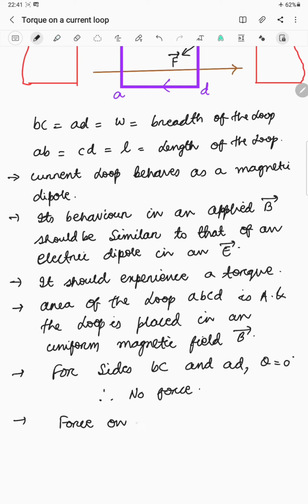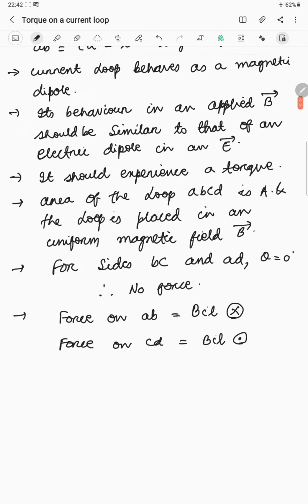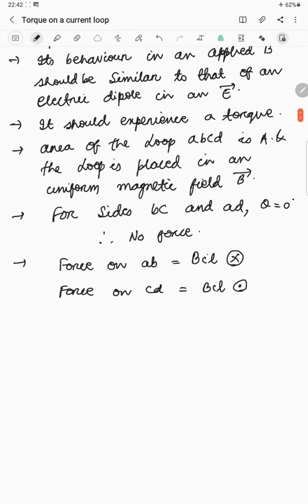But what about the force on AB? We have already found out it will be BIL. And what about the direction? It is into the plane of the paper. Then the force on CD will be the same magnitude BIL, but it will be a dot. Now you see the two forces are equal in magnitude but opposite in direction, so it will try to rotate the coil, for which they will also form a torque.